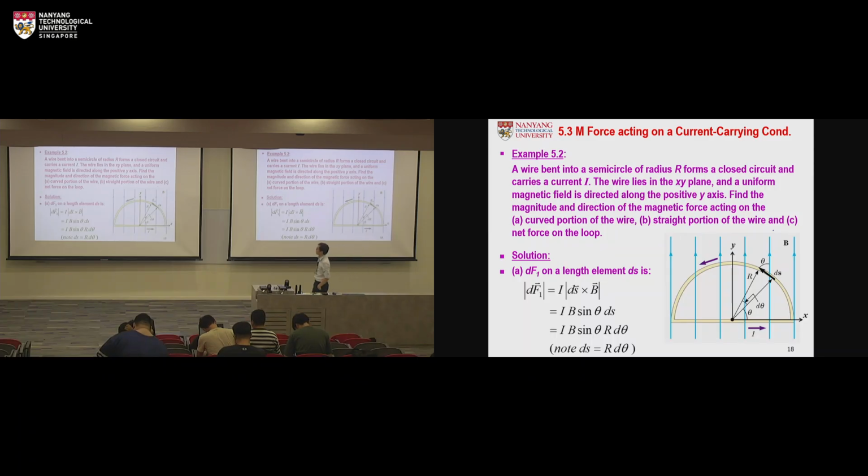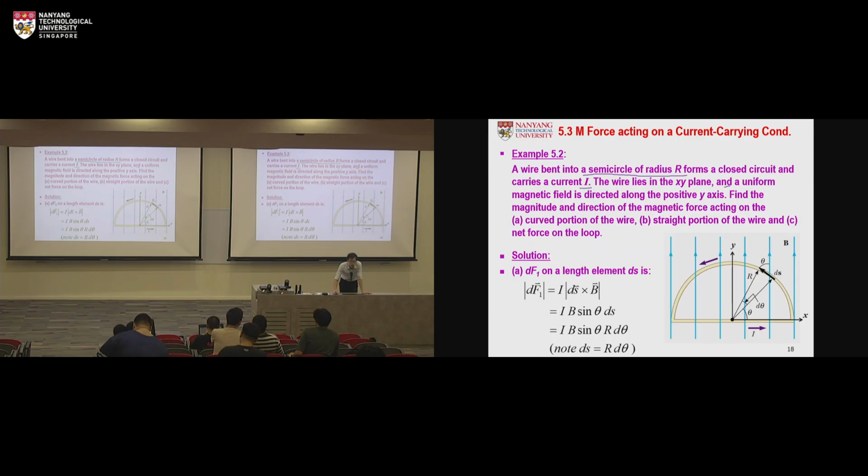And for this example, what you have is a wire with a semicircle portion and also a straight line portion.